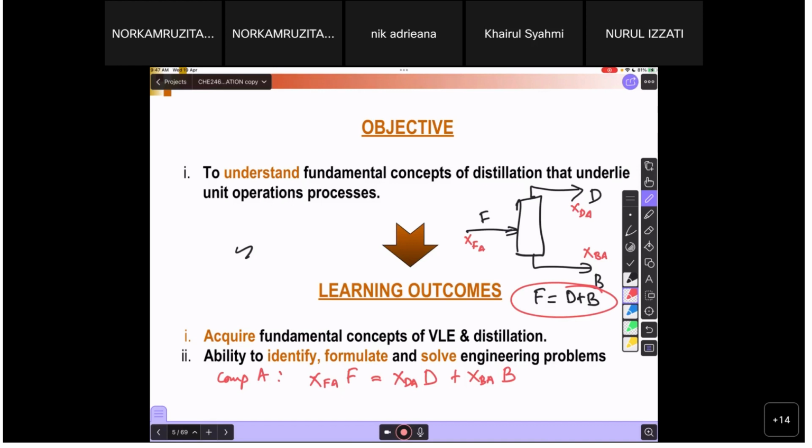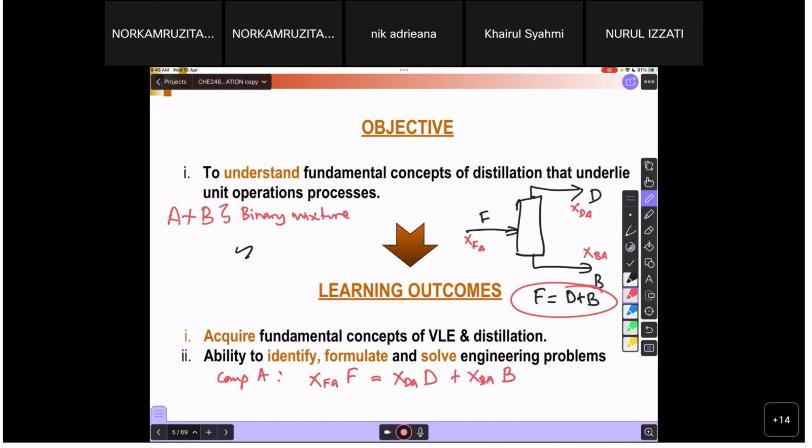Remember that when you are given a binary mixture, it consists of A and B. When you recognize what is A and what is B, it is easy for you to solve the problem.